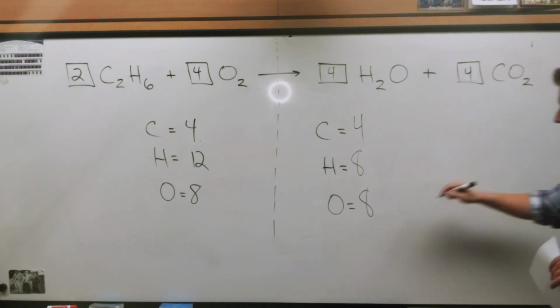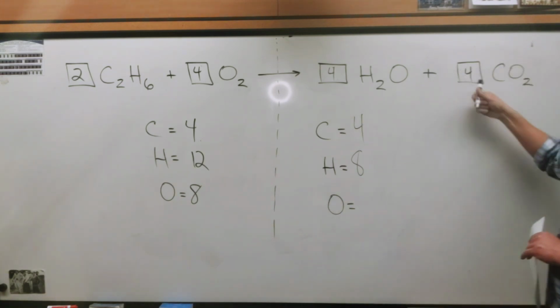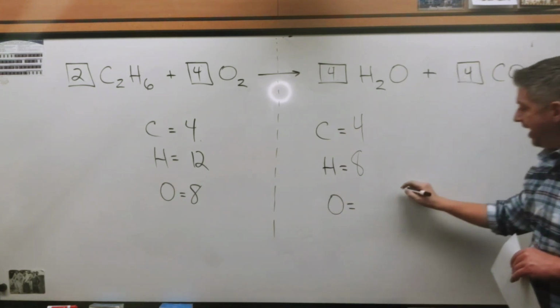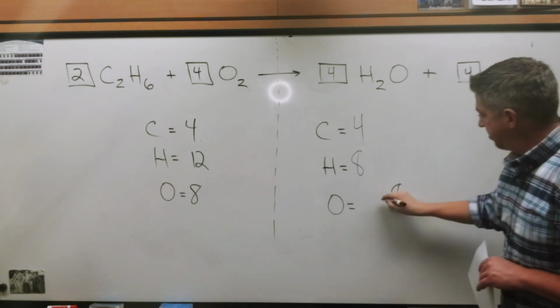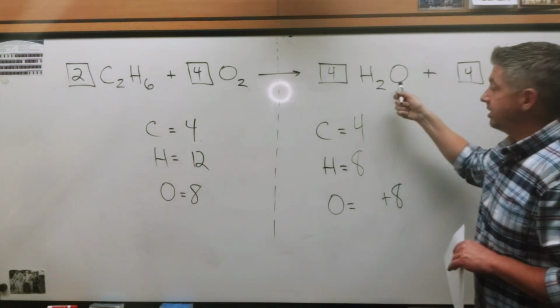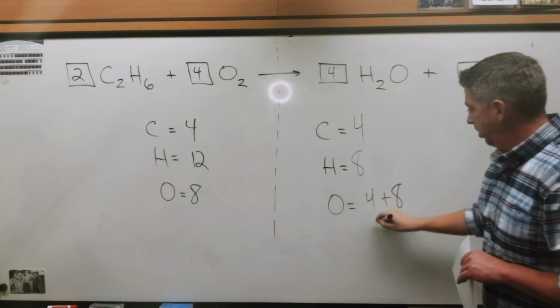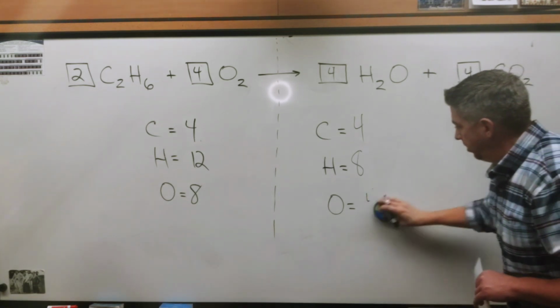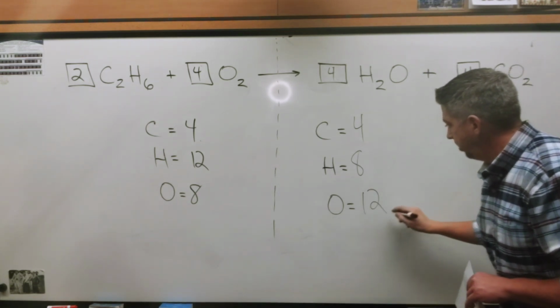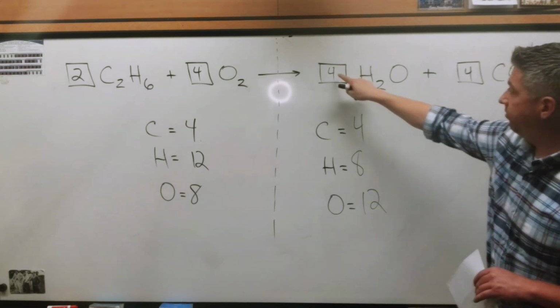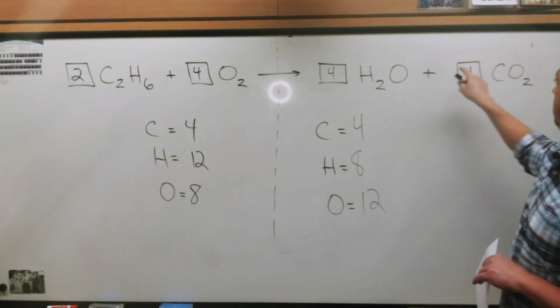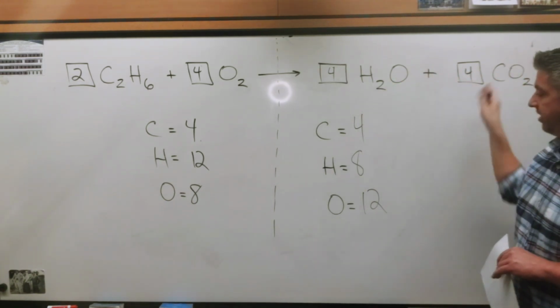But now we change the O's again. 4 times 2 is 8, plus 4 times 1 would be 4. So 4 plus 8, we have a total of 12. Because we have 4 oxygen here. 4 times 1, we have 4. 4 times 2 is 8. 4 plus 8 is 12.